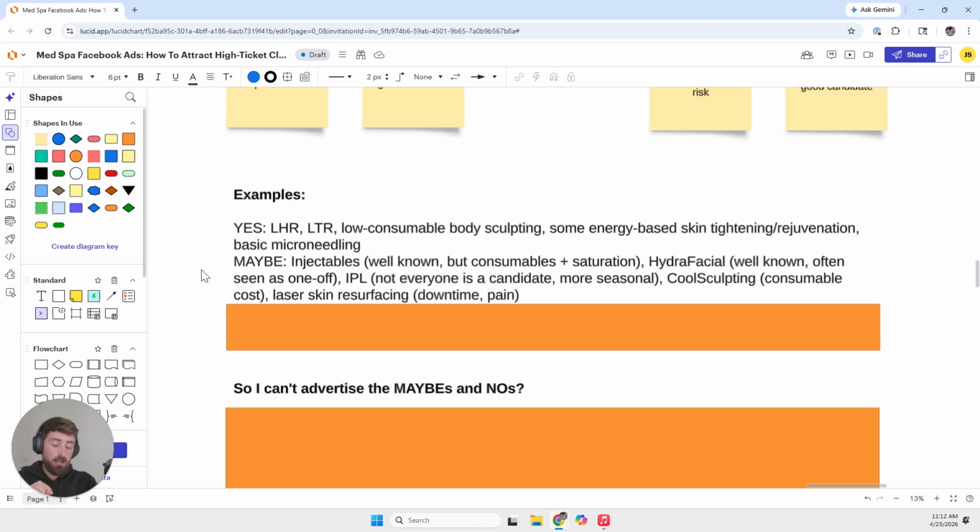But with that said, there are obviously consumables required for Botox, so sometimes the economics can get a little bit murky. On top of that, the saturation is extremely high with Botox, so every single person on your block probably not only offers injectables and Botox, but is also pretty heavily advertising it as well. And so the introductory promotion you're running needs to be a little bit more competitive.